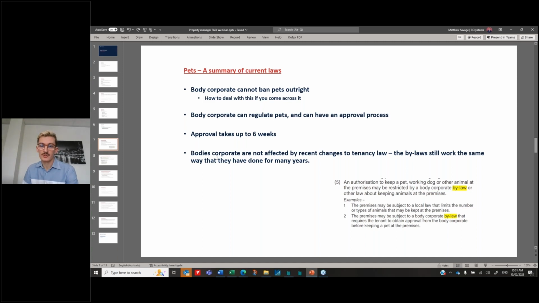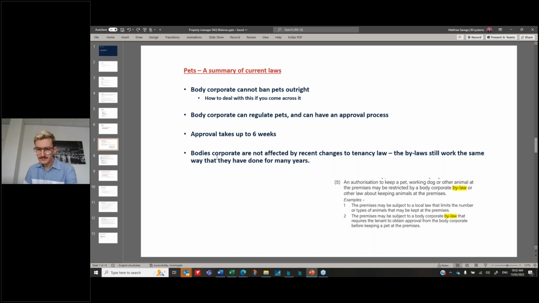So all of the rules about tenancy, tenants being able to apply for pets from the landlord, all of the conditions about the landlord not being able to refuse unless they meet certain criteria, that doesn't affect the way the body corporate operates. All of those new powers for tenants are always subject to the bylaws, and the bylaws will overrule any landlord decision in a rental property scenario.